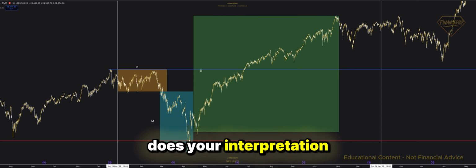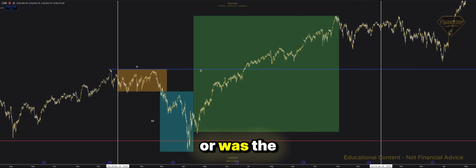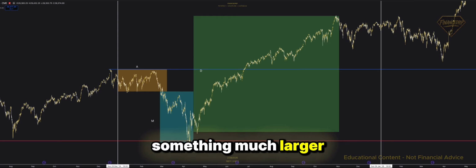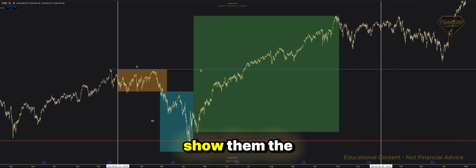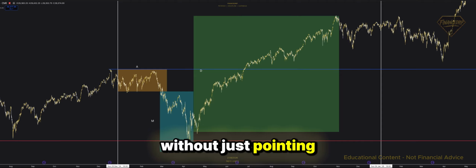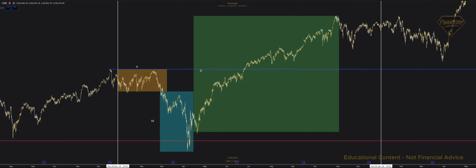Does your interpretation still make sense? Or was the AMD you found actually just one small part of something much larger? And if you have a trading buddy, show them the chart without your labels and ask them what they see. If you both call it AMD, can you actually explain why without just pointing at the 3 faces?